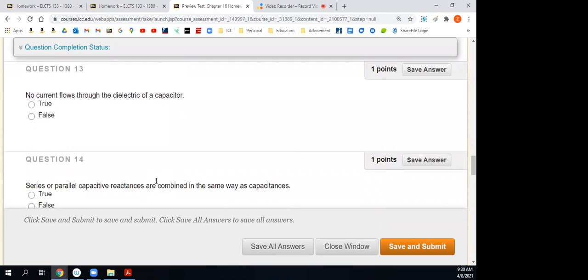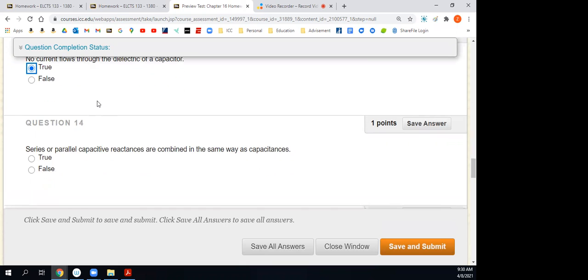Does current flow through the dielectric of a capacitor? No. Correct. Current does not flow through the dielectric of a capacitor.